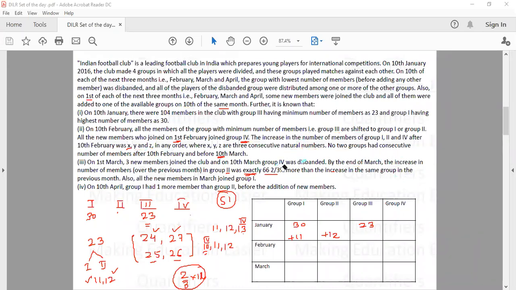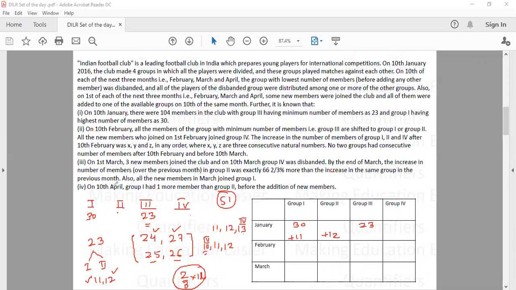Next, it says on 10th April, group 1 had more members than group 2 before the addition of the new members. So before addition of the new members, group 1 had 1 more member than group 2.